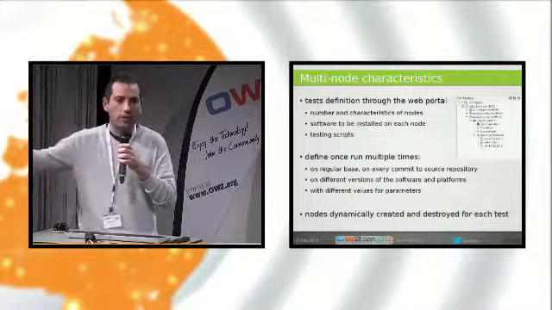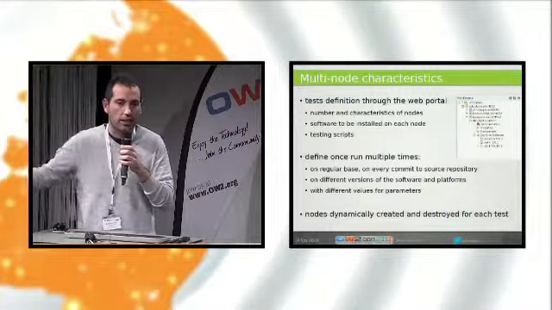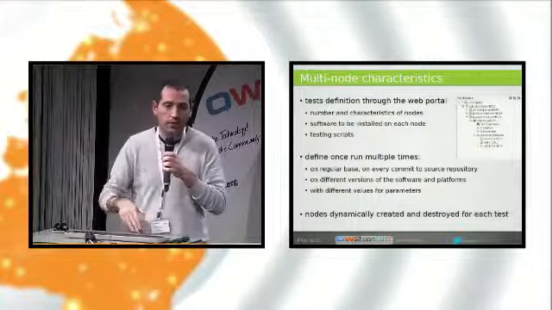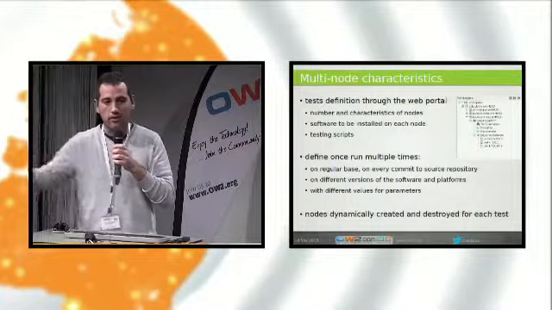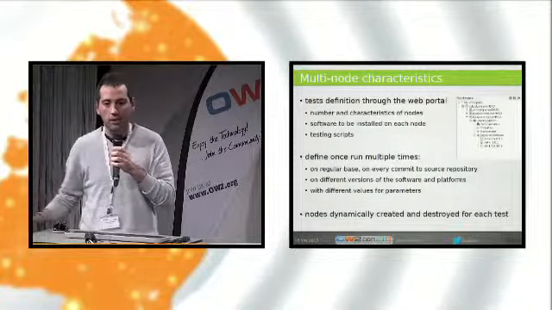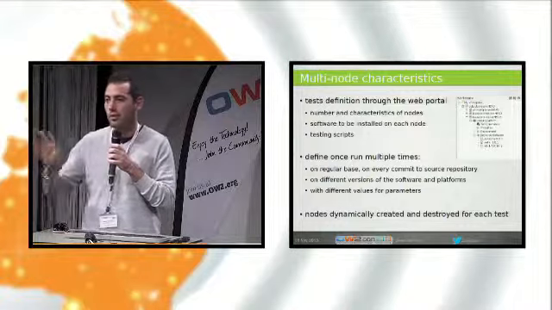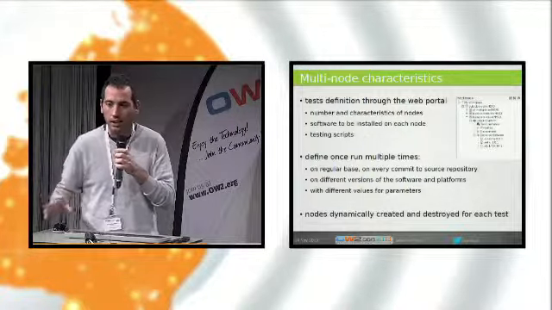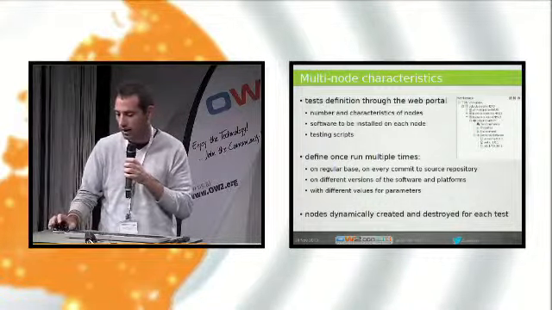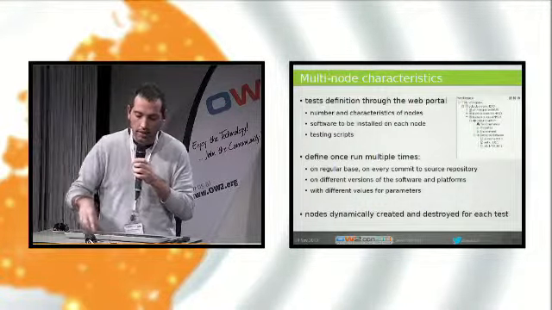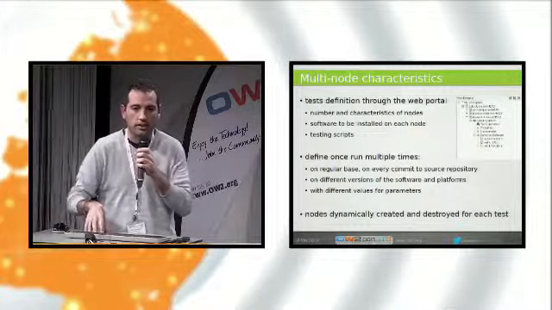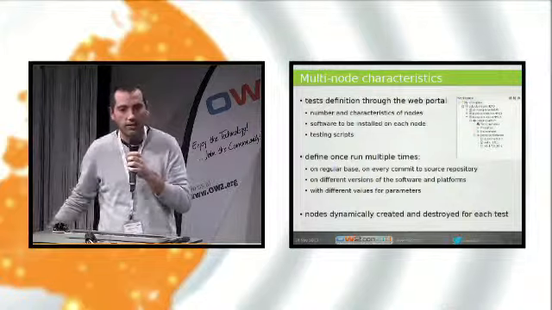When you develop new functionality, you can run the same test again, like we do for unit testing. You can target different platforms, or you can also use some parameters in the test, and you can give a value to these parameters at runtime. And then all the tests are executed on nodes that are created by the ETICS system.